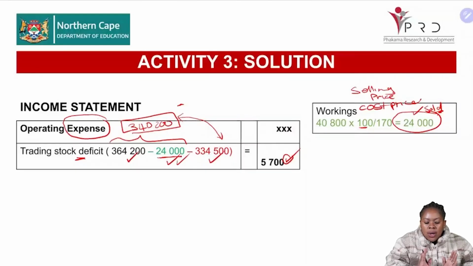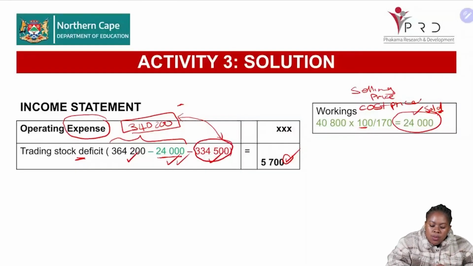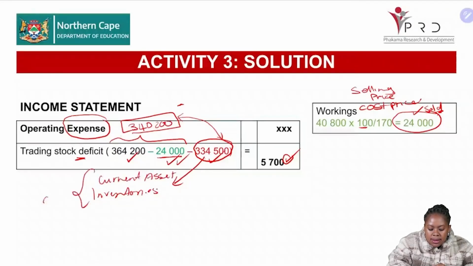Okay, but you have to show your workings. How does this affect my statement of financial position? Not really. The only thing is that we know that we must use this amount to record under inventories in our current assets in the statement of financial position.